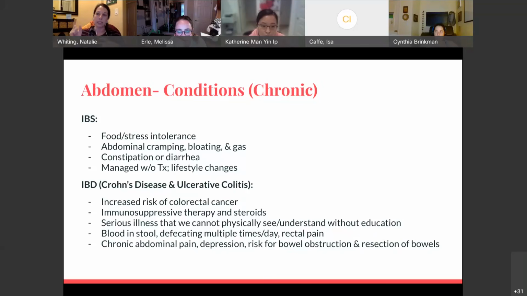Resection is just taking out sections of the bowel, which can be done, but it's a procedure like anything else. There's plenty of intestine, right? If you span out the intestines, it's like a tennis court in size. But losing sections of the bowel time and time again is not good.